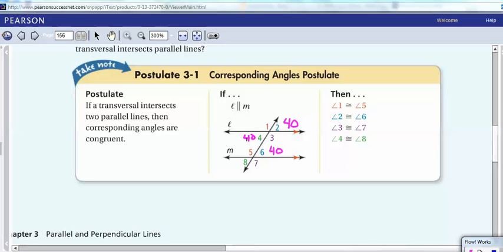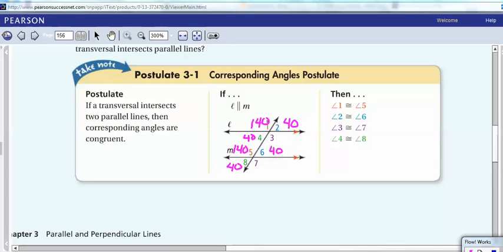If that's 40, what's 8? Sam? 40, for two reasons now, right? One, they're corresponding, and two, it's vertical to 6. Okay? And let's see, what's angle 1? 140, and why? It's a linear pair with angle 4, isn't it? Now, if this is 140, what's 5? They're corresponding.